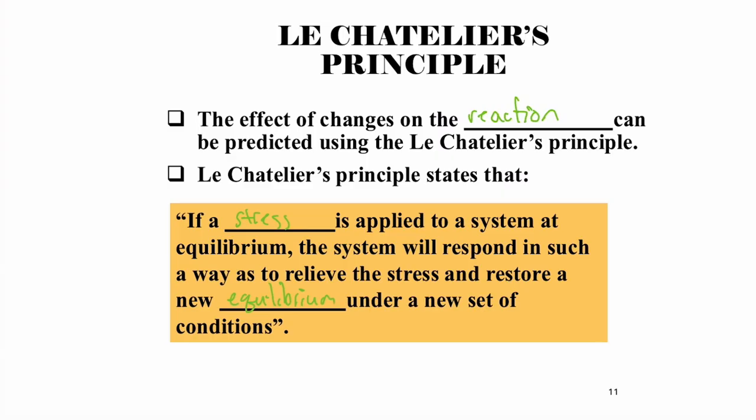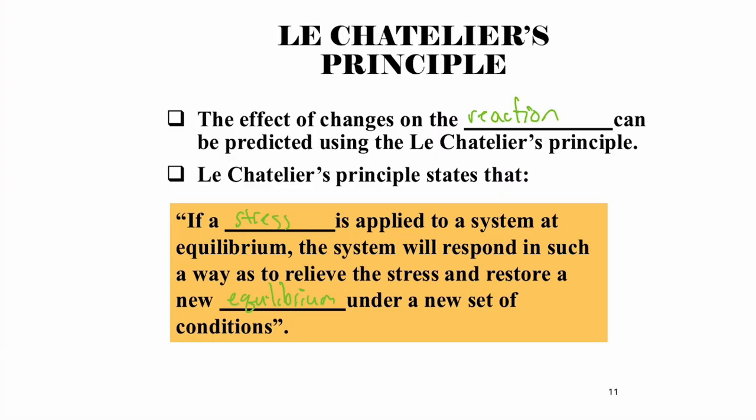And so the main point here is, for example, one of the ways you can stress the system is by changing the concentration, right? So you say you have an equilibrium established between reactants and products, and you add more reactants to the system. Well, the system is just going to respond in a way to restore that equilibrium concentration ratio, right? Which just gives us the same equilibrium constant, right? So that stays the same no matter what the initial conditions are.